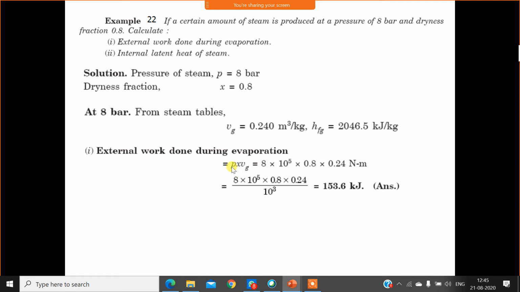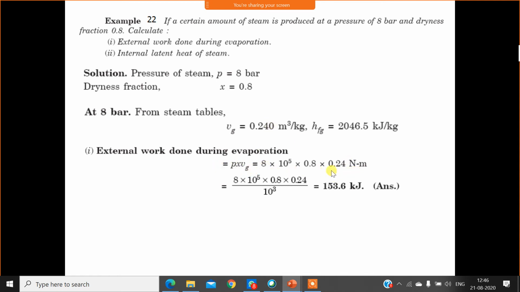Therefore, the formula will be P x vg. In this formula, we have to put pressure in Pascal. Pressure is given in bar, therefore in Pascal, pressure is 8 into 10 to the power 5. Then the value of x is 0.8 and vg is 0.24.